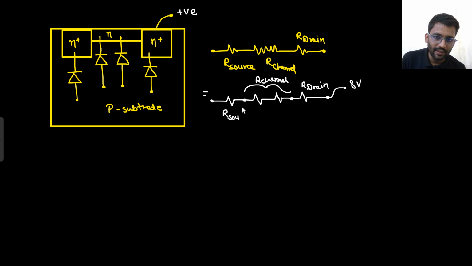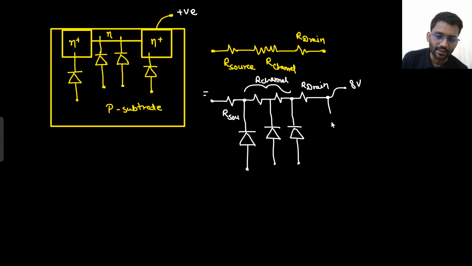Now at each side, I will see a PN junction kind of structure. Here there will be again a PN diode. These will be the PN diodes there.